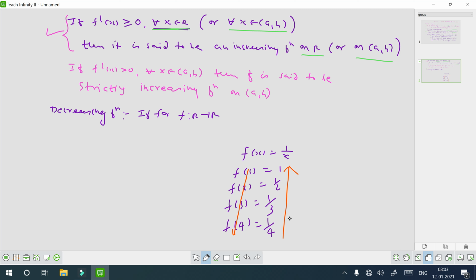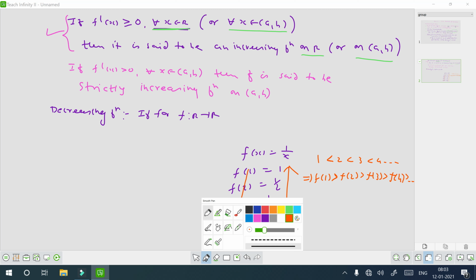That means 1 less than 2 less than 3 less than 4, that is increasing order, implies f of 1 greater than f of 2 greater than f of 3 greater than f of 4, and so on. Then it is called decreasing function. See here, order sign changes, here less, here greater than or equal to.